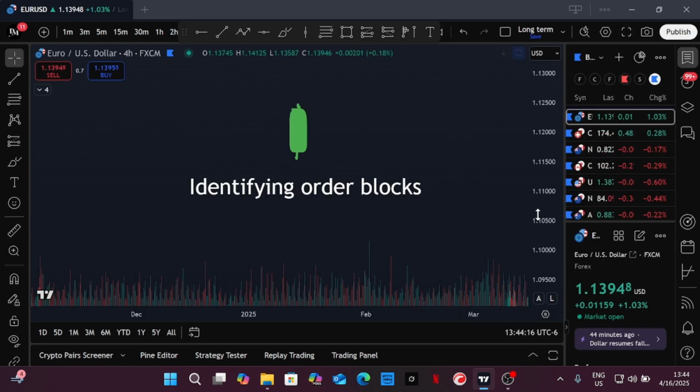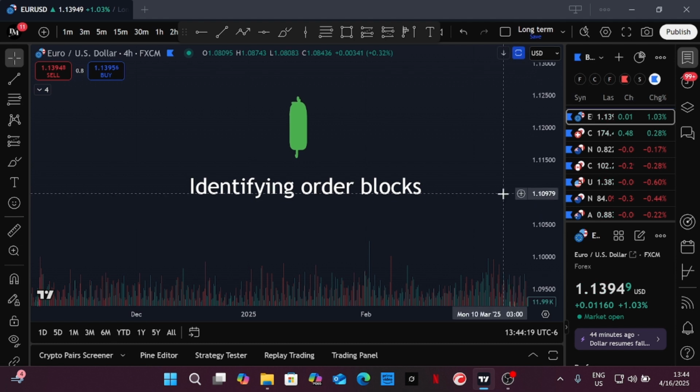Alright guys, so now that you guys kind of have a little introduction to order blocks and what they are, let's just go over a few examples to kind of show you guys how to identify them and what to look for when you are trying to find order blocks. Okay, let's just go to a random pair.